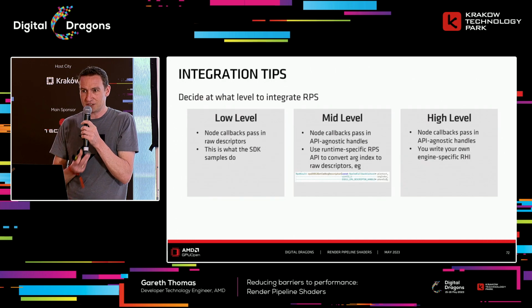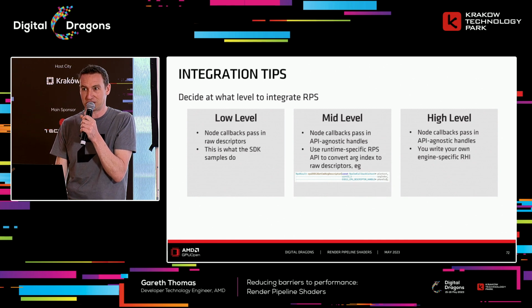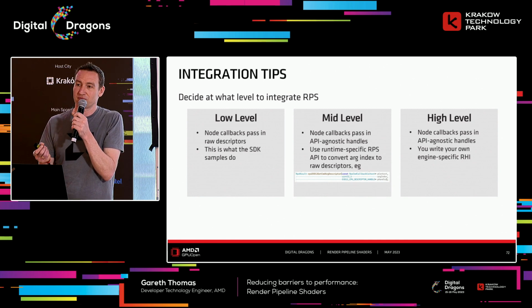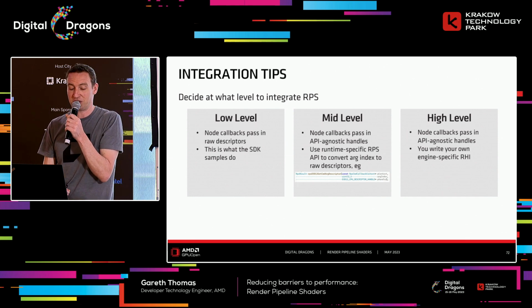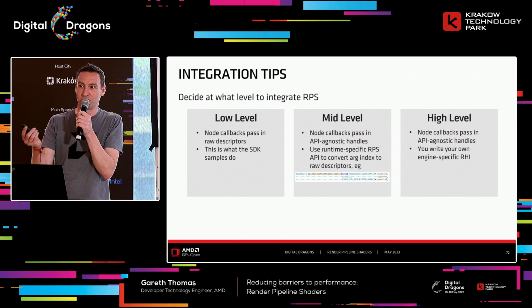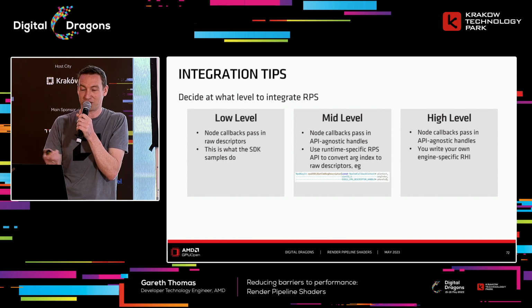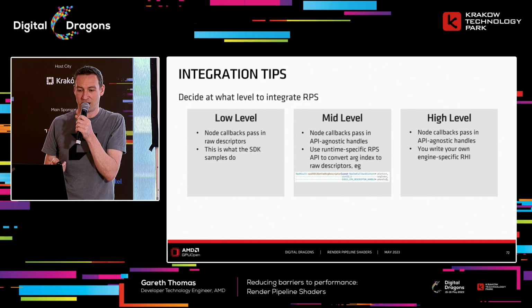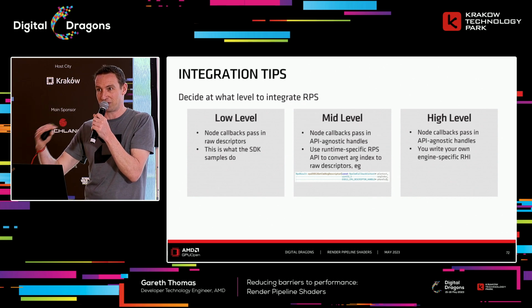So, in terms of integration strategy, this is interesting. The SDK samples that you will see, and certainly the sample code I showed you, go for this low-level approach, where in your engine callbacks, we're passing in the raw DirectX or Vulkan views or descriptors. That might work for you, but I suspect you've got some sort of abstraction layer for your renderer in your engine.